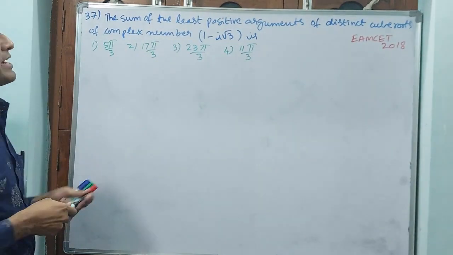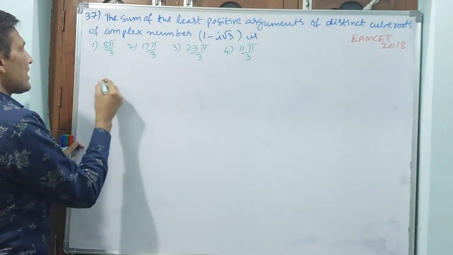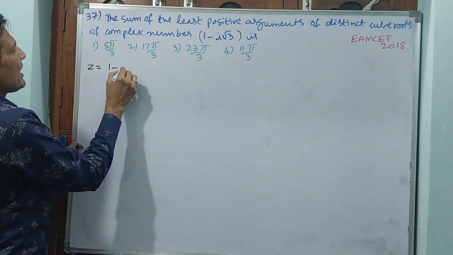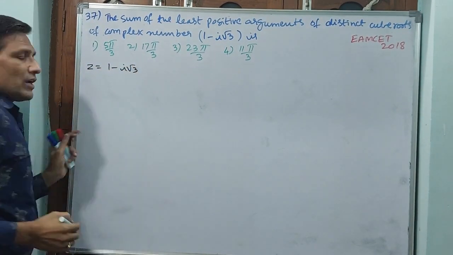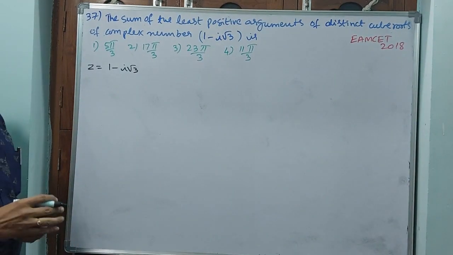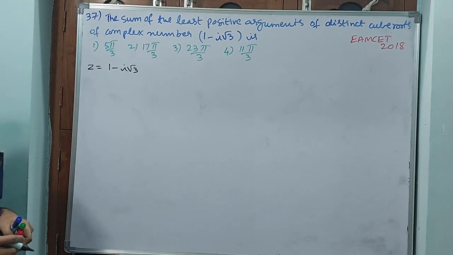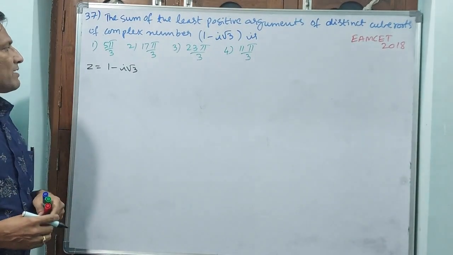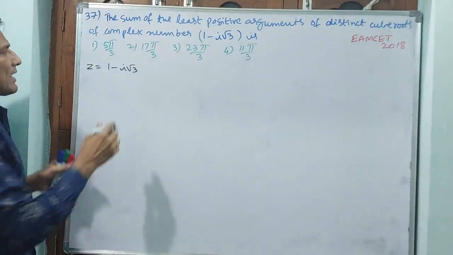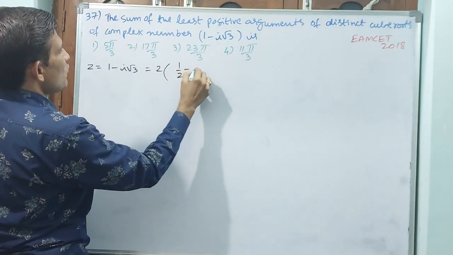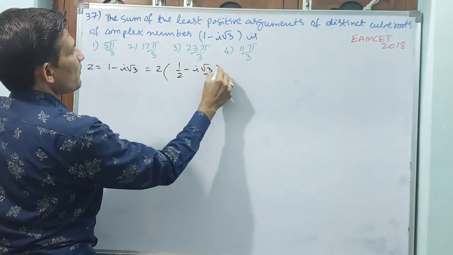You see, first I am writing this number, but this number can I convert? Let z is equal to 1 minus I root 3. Can we convert this into CIS form? Why? Because 1 and root 3 cannot match. What I do, I will divide it by with 2. Okay, you see what I am writing. 2 if I take common, 1 by 2 minus I root 3 by 2.